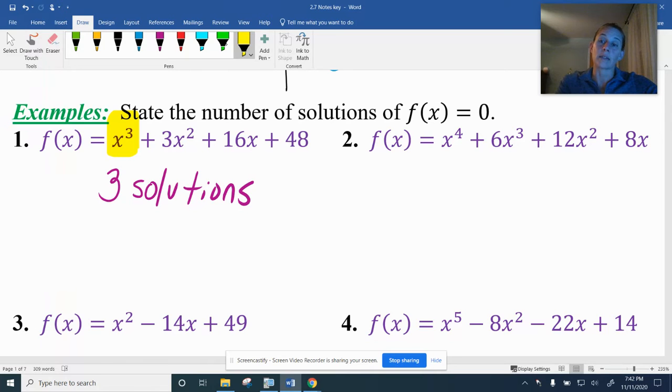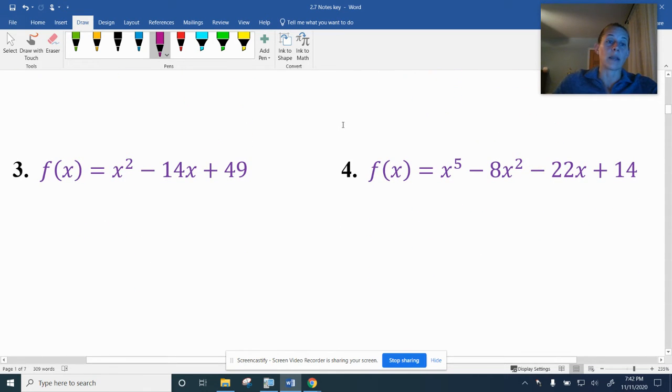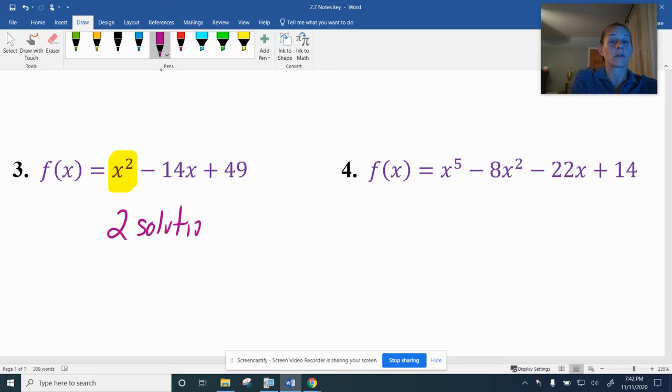Now, if we take a look at number 2, again, we're starting out with x to the 4th, x cubed, x squared, just x. So our lead term is the degree of the polynomial. Since it is a 4th degree polynomial, that tells me I'm going to have 4 solutions. Okay, so for number 3, this is a simple quadratic polynomial, so I will have 2 solutions.